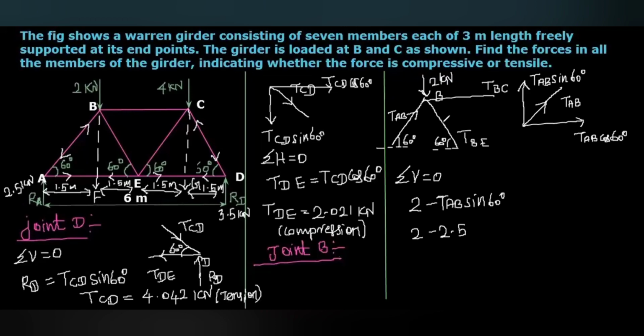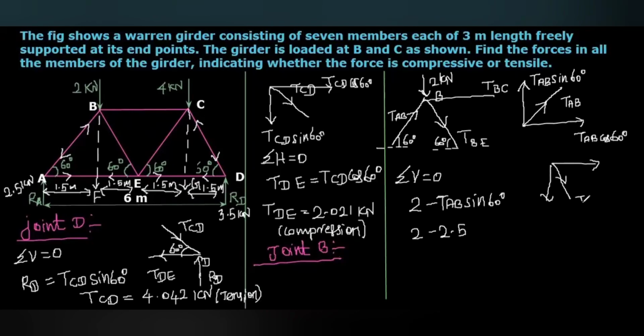If it acts towards B, then the vertical resolved component of TBE will be vertically upward. So that cannot cancel this. So this should act downwards like this. Then we will resolve the TBE into two components like this.